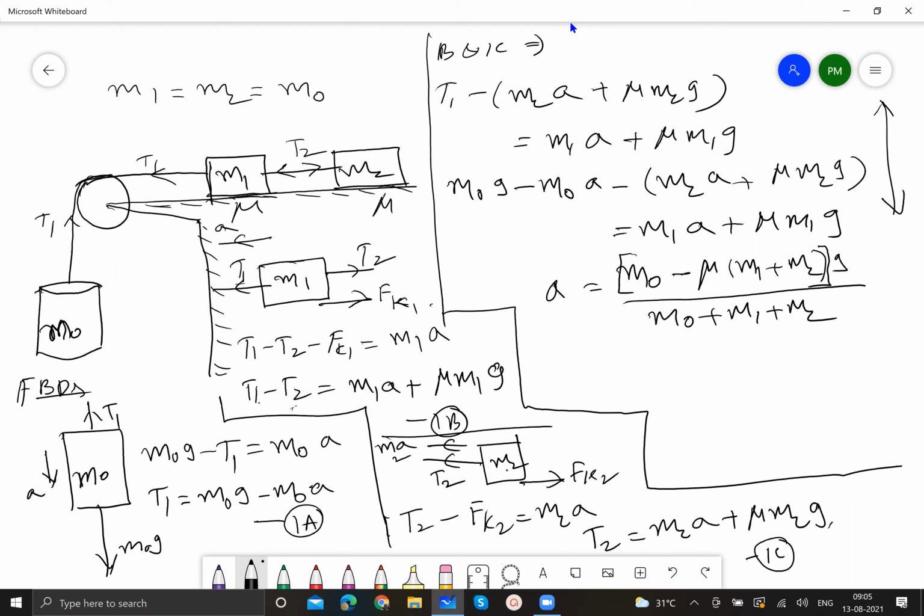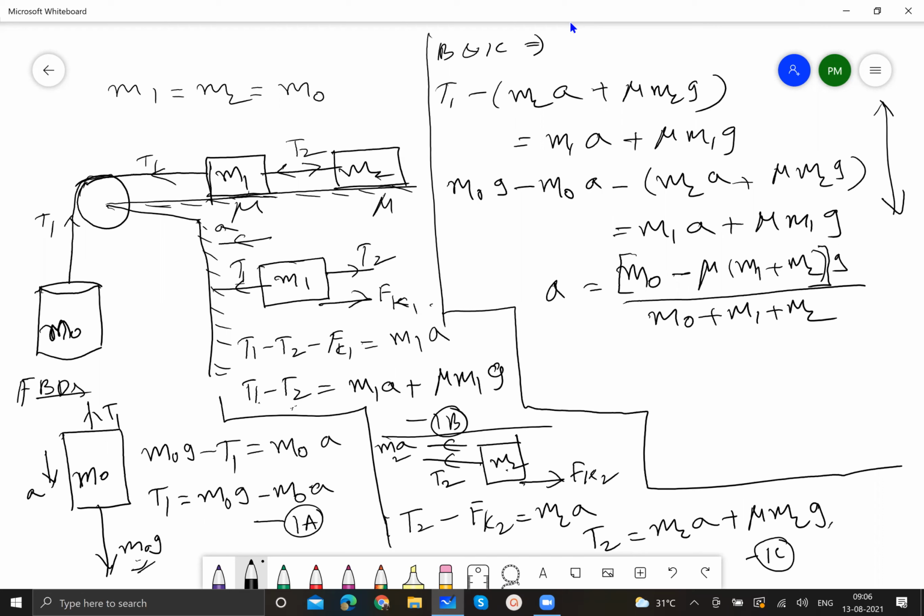The only accelerating force acting on the entire system is M0G. Forces opposing, logic I am telling. This logic is applicable to these model problems. The force causing acceleration is M0G. The forces opposing the motion are the frictional force on M1 and frictional force on M2, because mu is same.